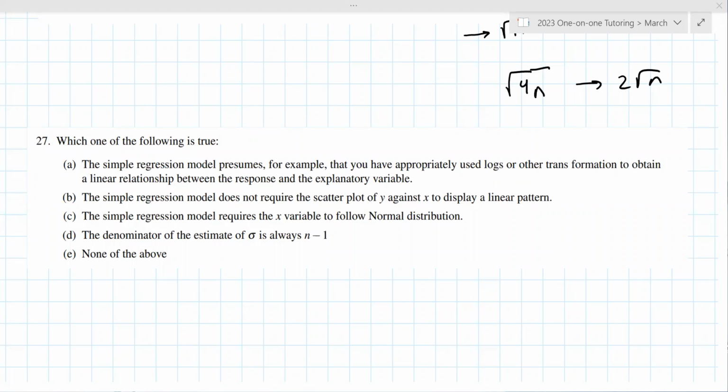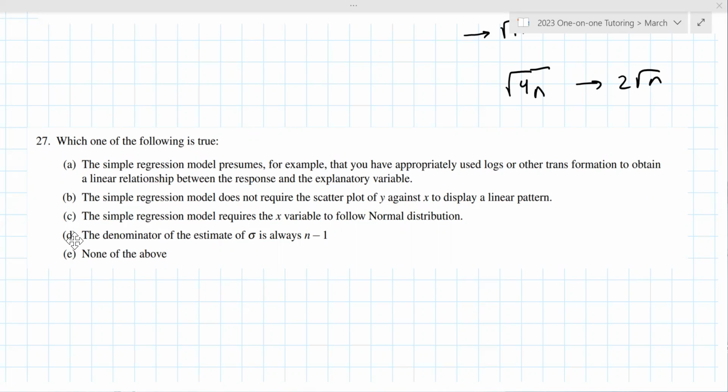It's always fun. So for "which of the following is true," because there's a none of the above, it could be none of the above, but we're looking for something that does work here.